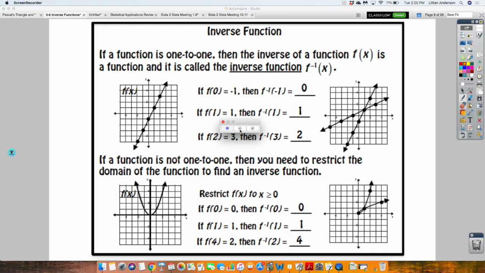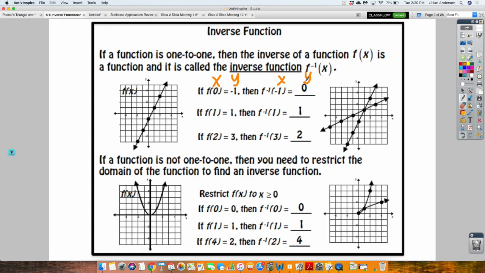So, the inverse function, you're just switching your x and y's, literally. So, if you have an x on the original function with its corresponding y, then all you do is flip it and it becomes the y on your inverse and the x on your inverse is the y on your original.